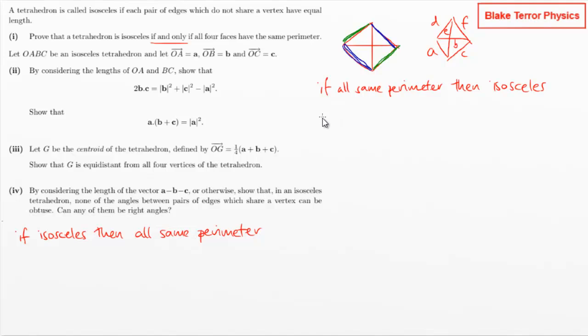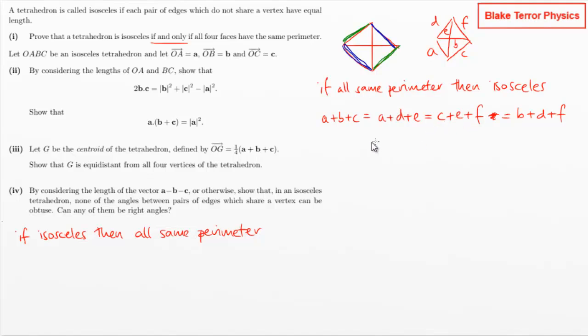If they've all got the same perimeter, then A plus B plus C equals A plus D plus E, which equals C plus E plus F. And then the far side is going to be equal to B plus D plus F.